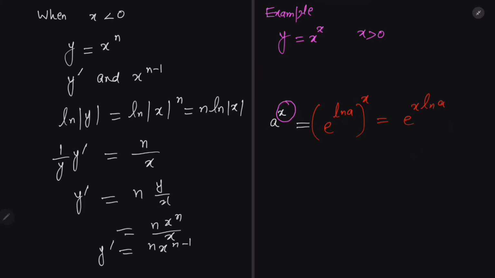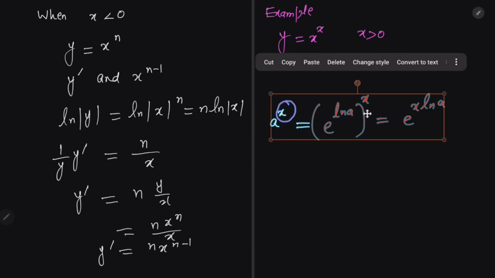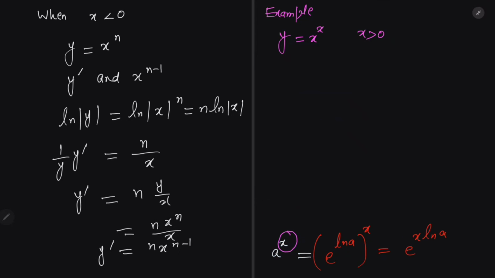So when we replace this a with x, for example, x raised to power x, then we have e raised to power x natural log of x. This a becomes x, and this x is written over here, or maybe this a is natural log of x. Take a derivative, dy by dx, d by dx of e raised to power x natural log of x.